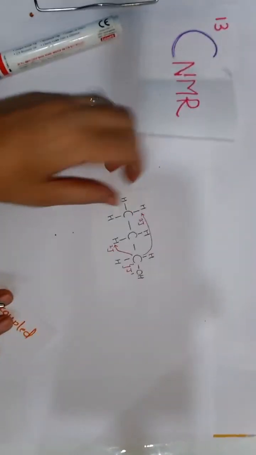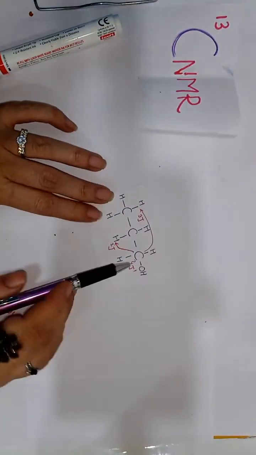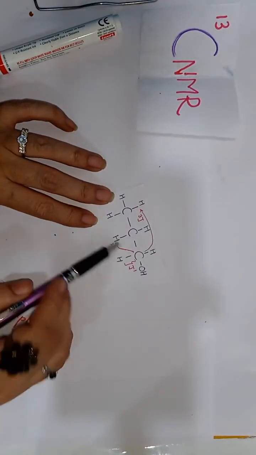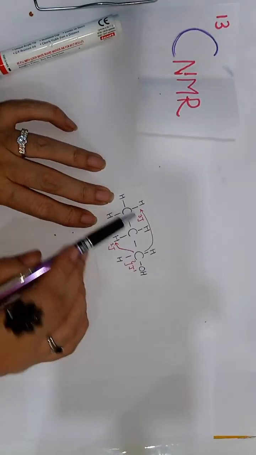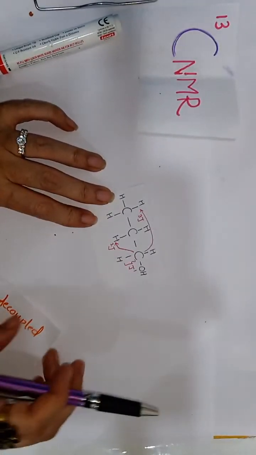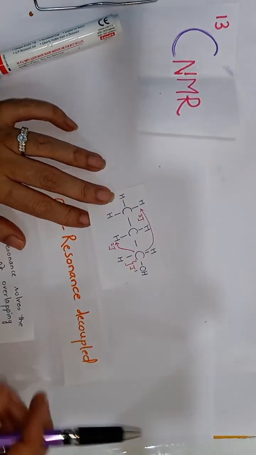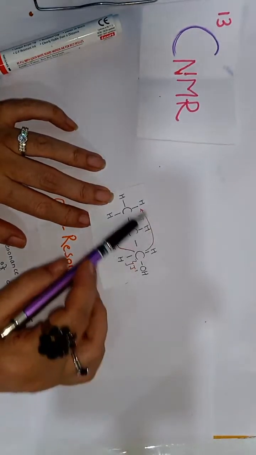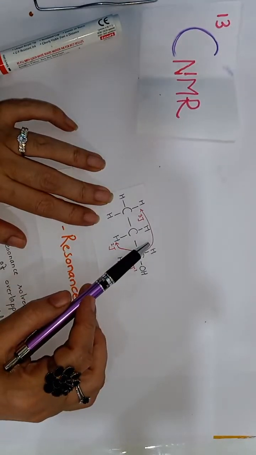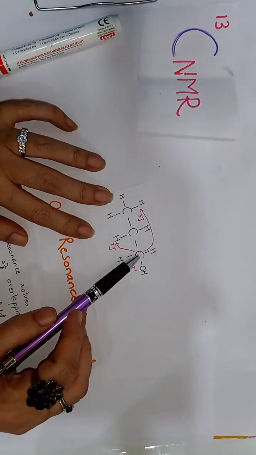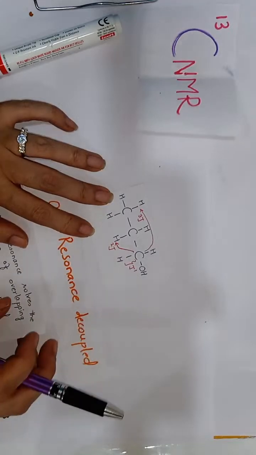Here we get J1 coupling, J2 coupling, J3 coupling. Now due to this off resonance decoupled spectra, our vicinal, close by and long range couplings are removed. So what remains is geminal couplings. They are clearly observed.